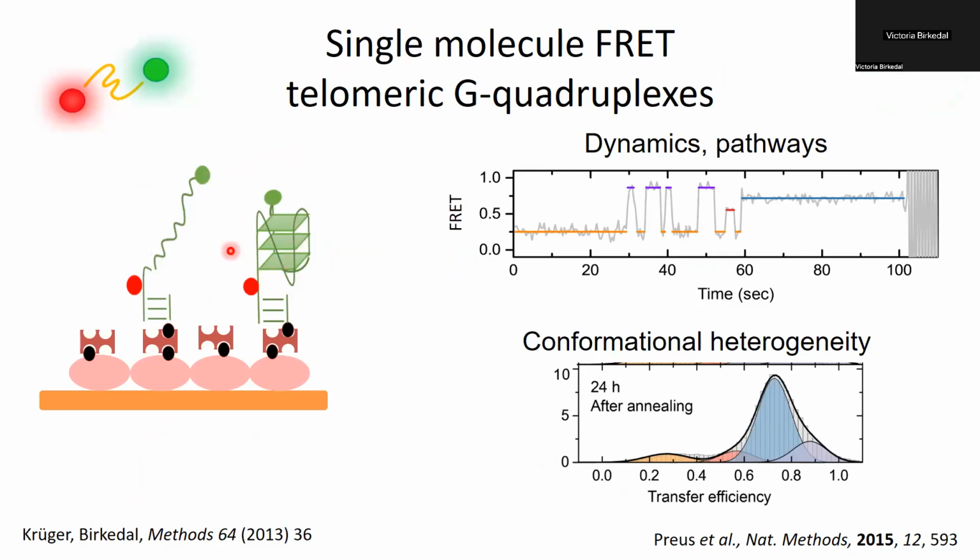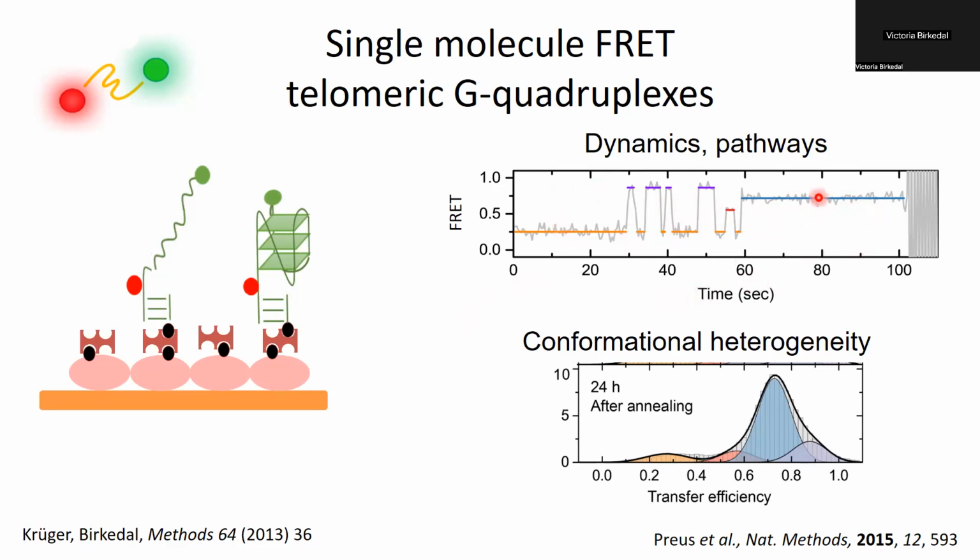So if we have our sample that's forming a structure, it could be unfolded and then sample different folded states. For example, in this trace, it's getting at the end to the most stable state and staying there some time.